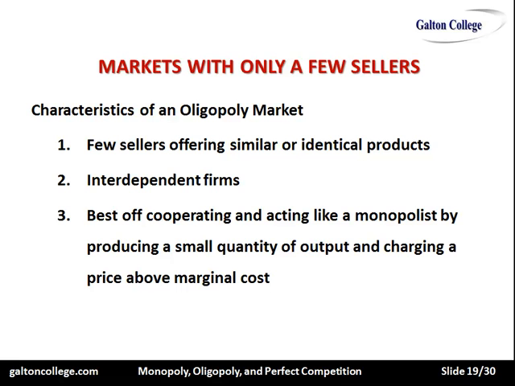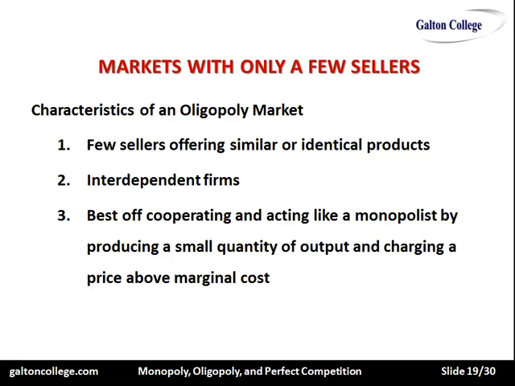best of cooperating and acting like a monopolist, producing a small quantity of output and charging a price above marginal cost. So if they could get together, if all the firms in the oligopolistic market could agree to work together, in effect they then have become a monopoly.